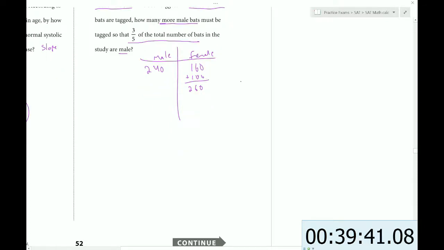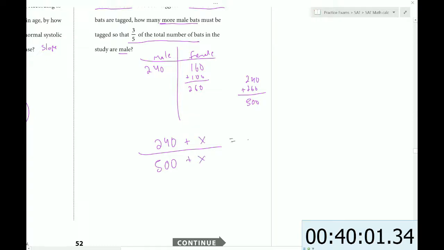So right now our number of male bats is 240. Our number of female bats is 260. So our total is 240 plus 260, which is 500. So this is our total. Here's the trick for this question.